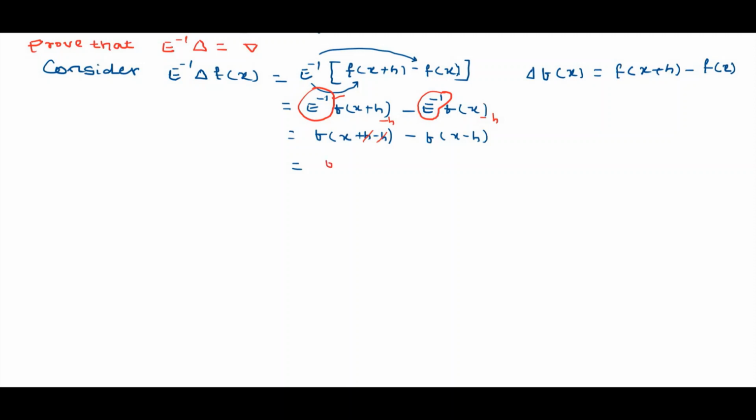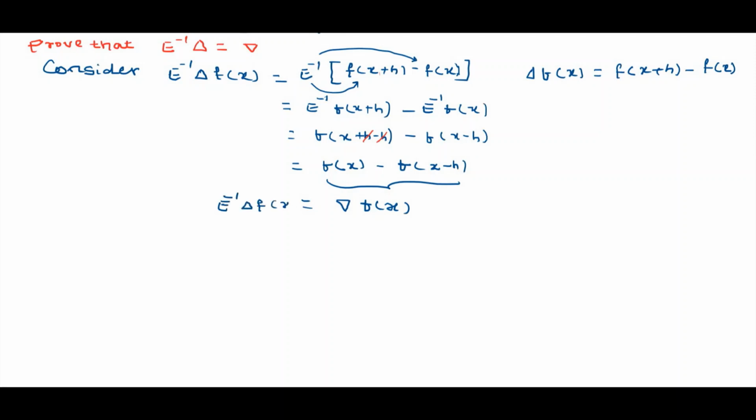So we get f of x minus f of x minus h, and this is the formula for the first backward difference del f of x, and on the left hand side we have e raised to minus 1 delta f of x.